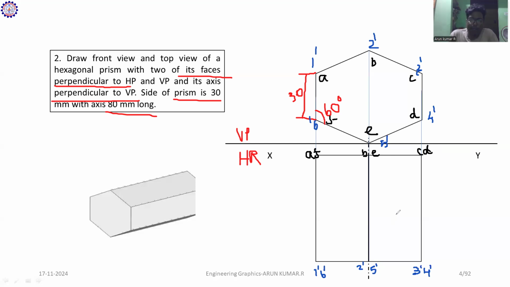What is the height value of the hexagon? The height value is 80 mm. This is the completion of the diagram. This is called the front view, and this is called the top view.